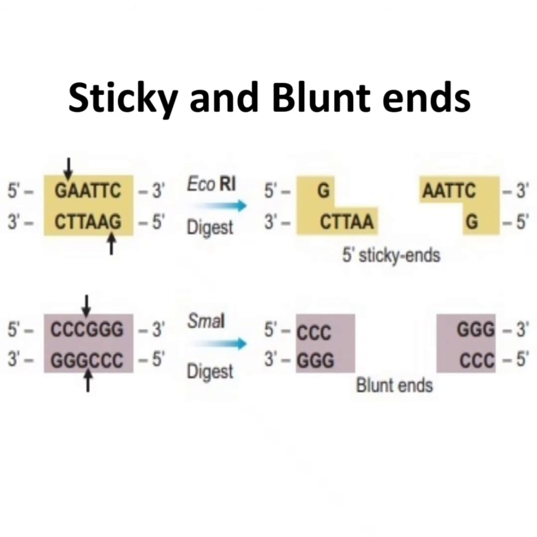When SmaI enzyme is used to digest, the break occurs between C and G in the above strand and the complementary strand between G and C. So it results in blunt ends. One fragment having CCC in the above strand and GGG in the complementary strand, and another fragment having GGG in the above strand and CCC in the complementary strand.